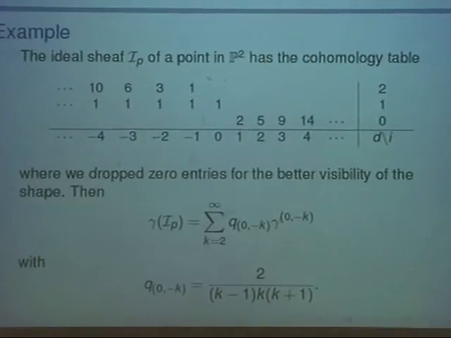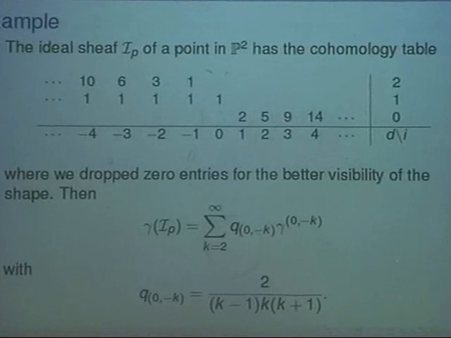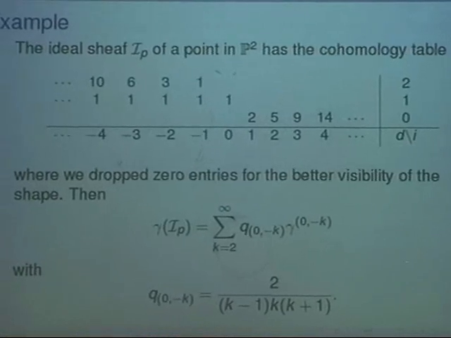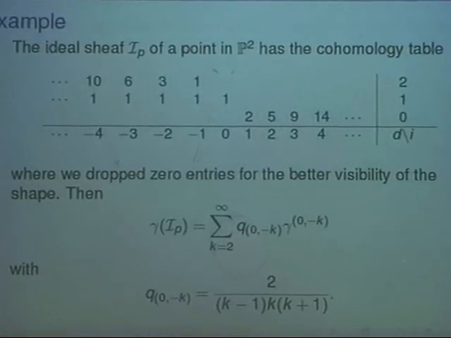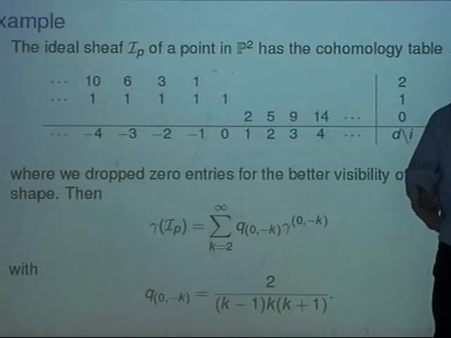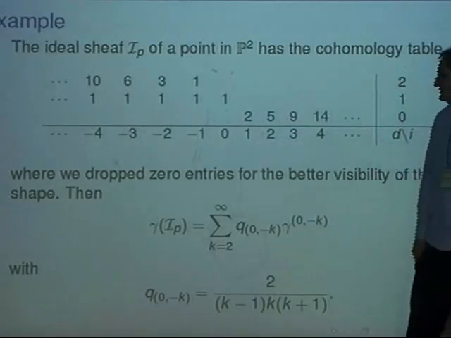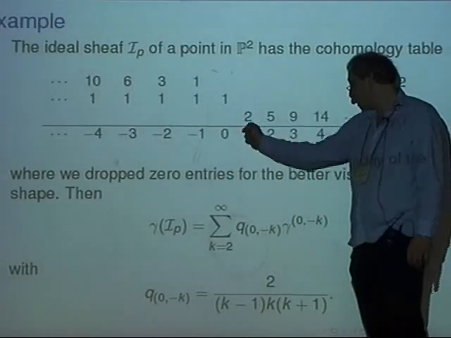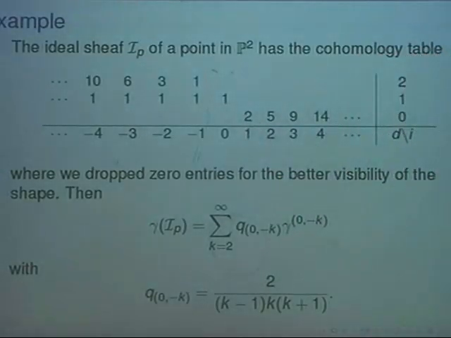I'll give you an example of what the statement is. So here's the ideal sheaf of a point in P2, which is sort of the easiest non-vector-bundle sheaf I could think of. The cohomology looks like this. I dropped the zeros to make it more visible. So we have three linear forms, one point, the two functions are left in the ideal, and so on.